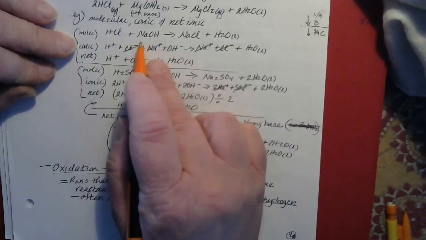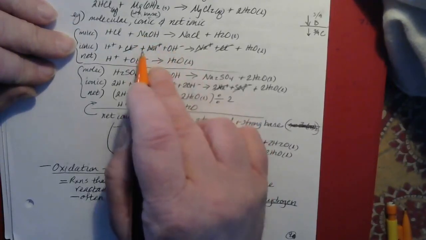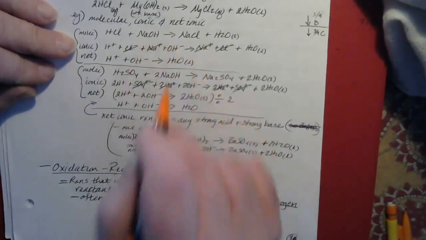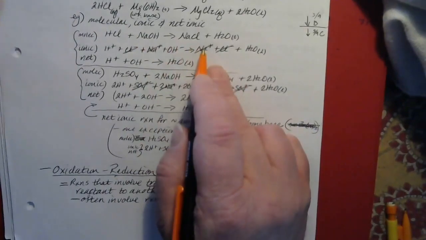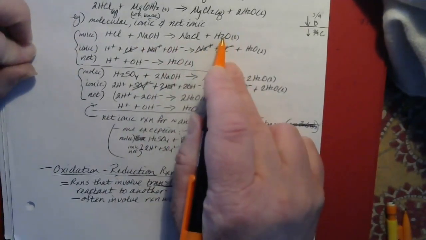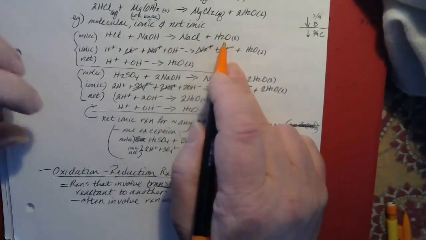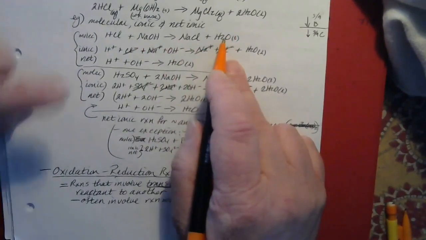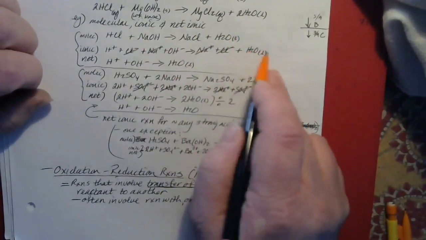Plus, the NaOH will be present as Na plus and OH minus, again both aqueous, but I decided not to write it. The product NaCl will be present as Na plus and Cl minus. But remember, H2O, while being soluble in water, is not an ionic compound, so it will not ionize and will be present as H2O liquid.